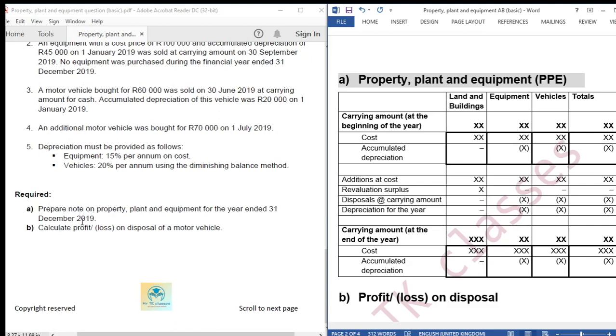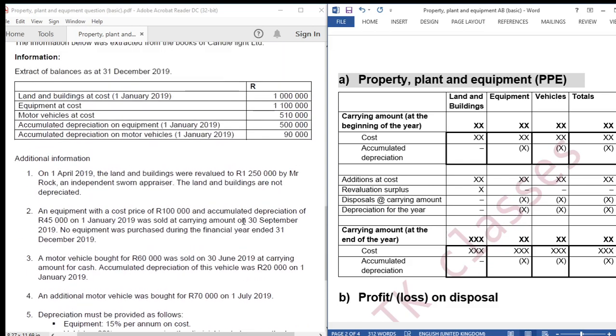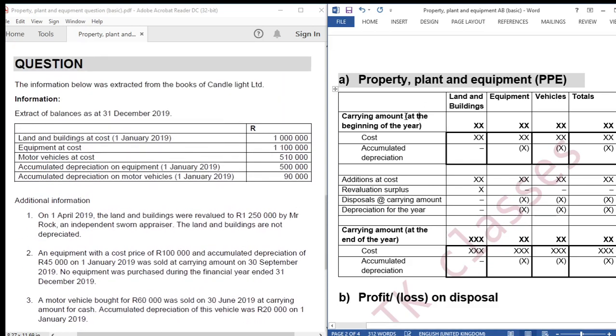B. Calculate profit or loss on disposal of a motor vehicle. So we are going to replace this with the start date of our financial year, which is 1 January 2019. We are going to replace this with the end date of our financial year, which is 31 December 2019.